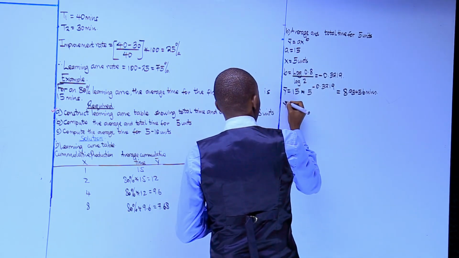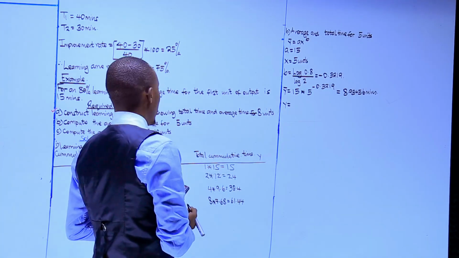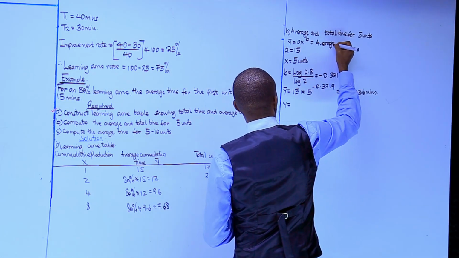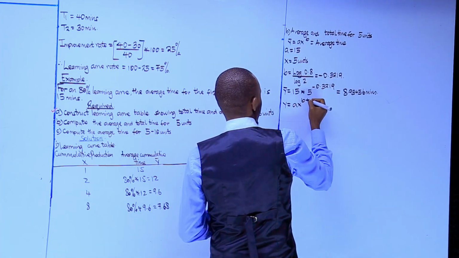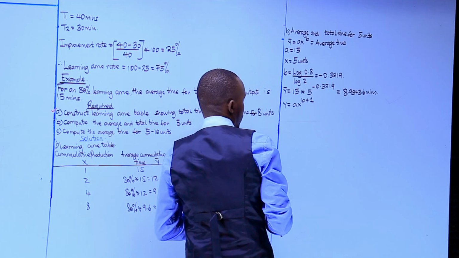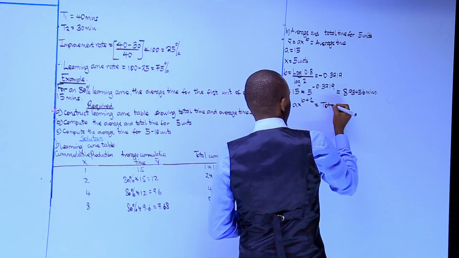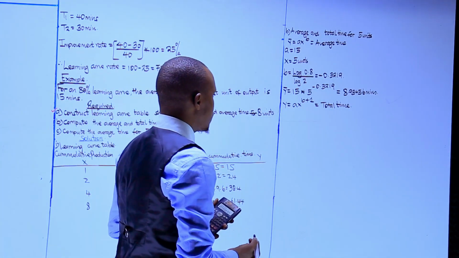The total time Y will be given by AX to the power B plus 1, or 1 plus B. This is your total time. And how will you calculate your total time?